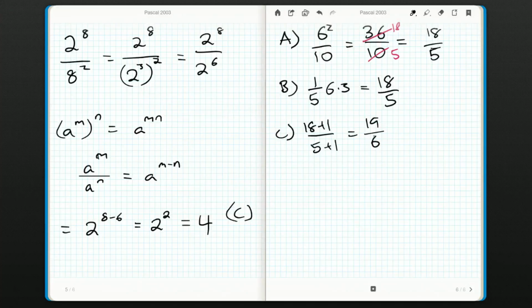Now that isn't equal to 18 over 5, so we found the right answer. But how would we see that? Well, suppose that this were true. Suppose that we actually really did have 19 over 6 equal to 18 over 5. If that were the case, then as long as I do the same thing to the left side as I do to the right side, I should always get equal statements.